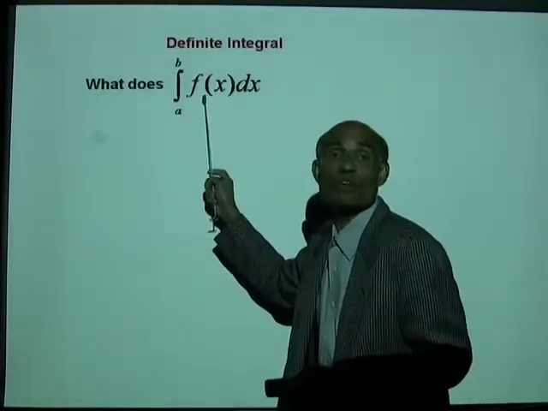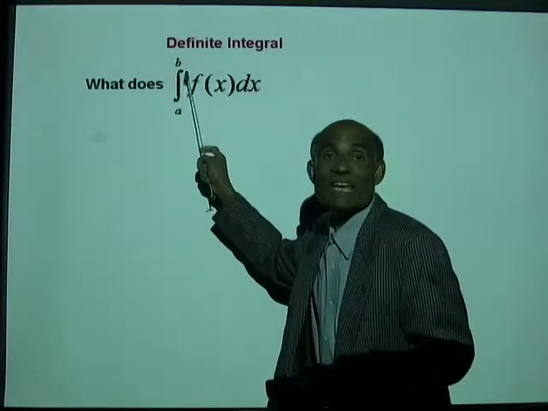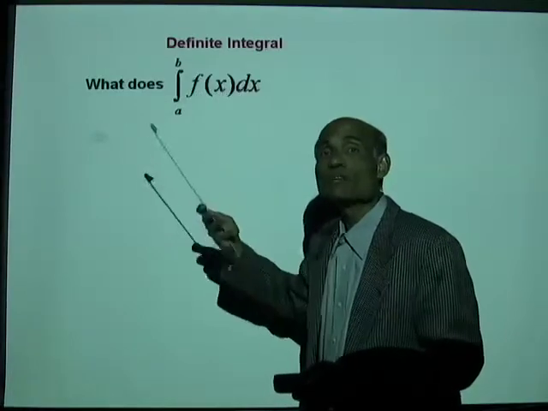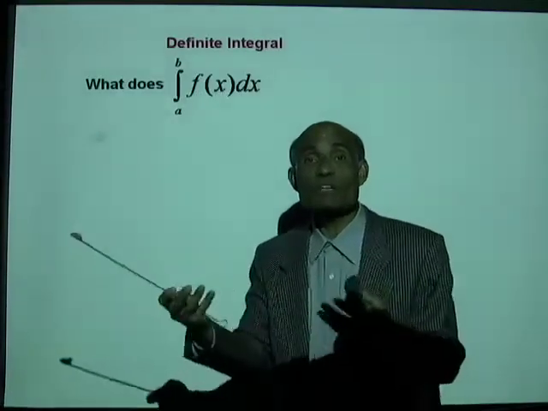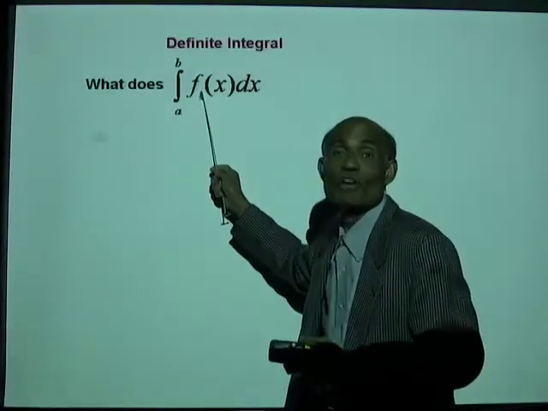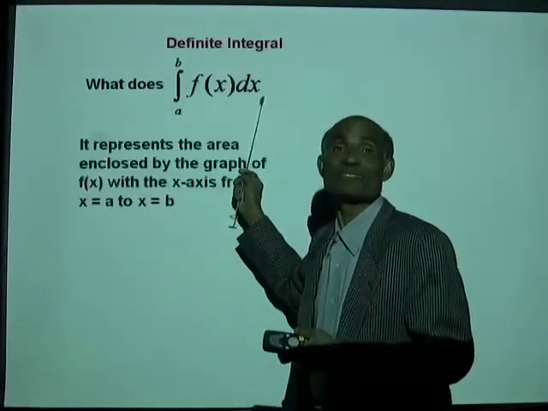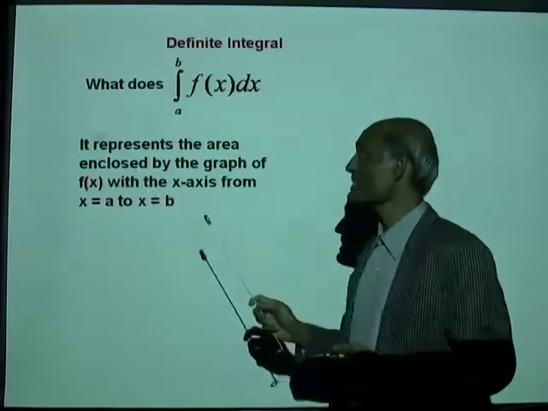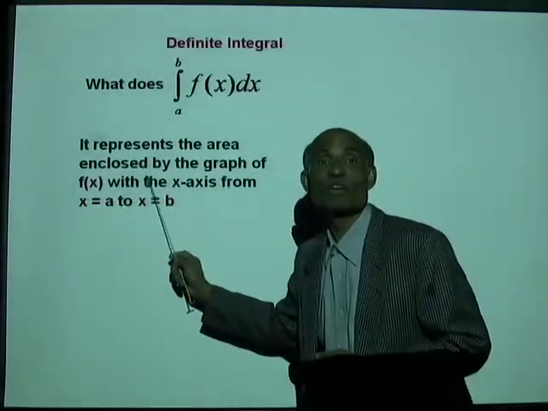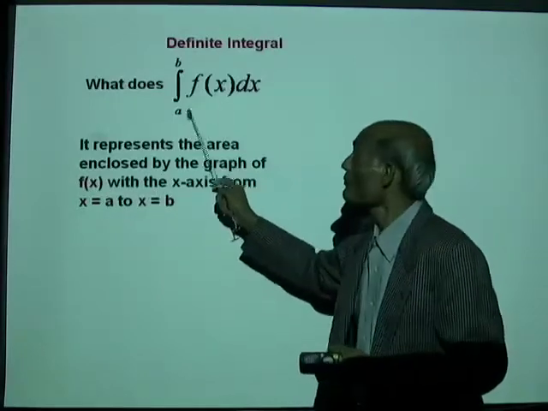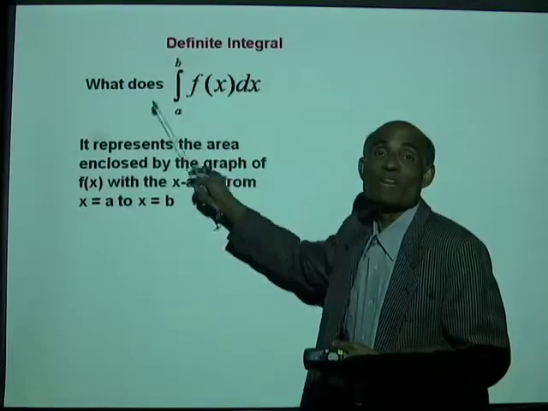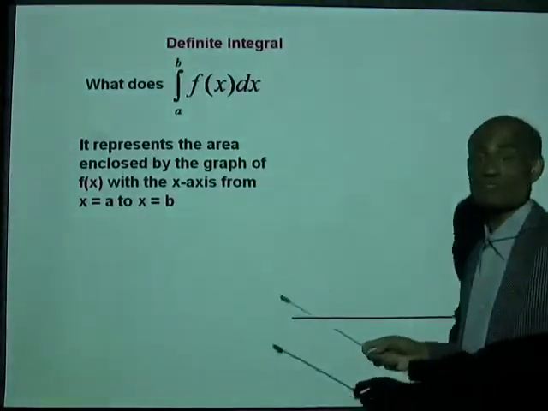Well, the physical meaning is that the integral from a to b of f of x dx is a measure of the area enclosed by the graph of f of x with the x-axis. That's right. It represents the area enclosed by the graph of f of x with the x-axis from x equal to a to x equal to b. That's why it's called a definite integral.